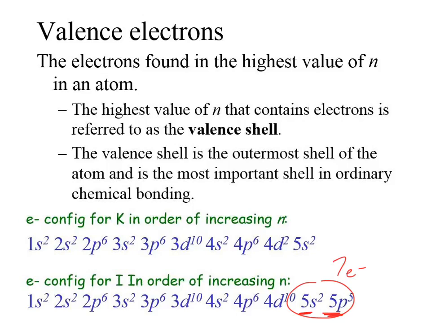Must be on my next slide. But just for kicks, what group number is iodine in? It's a halogen in 4p? No, the group number at the top of the column. Oh, 7A. Yep, 7A.